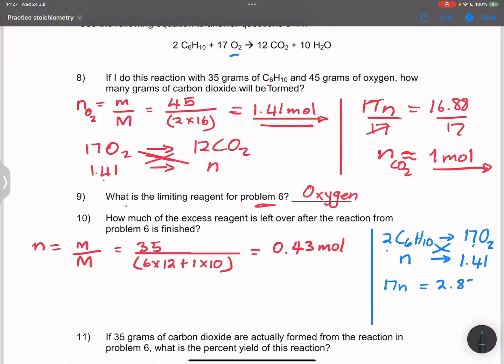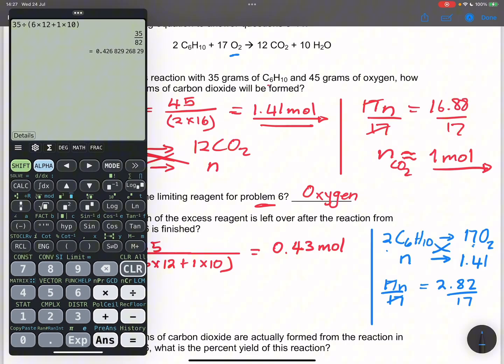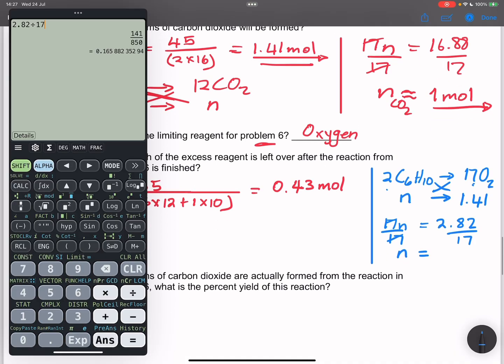So we're going to divide that by 17. We say 2.82 divided by 17, and that would give us the number of moles of hexane that we are going to use.